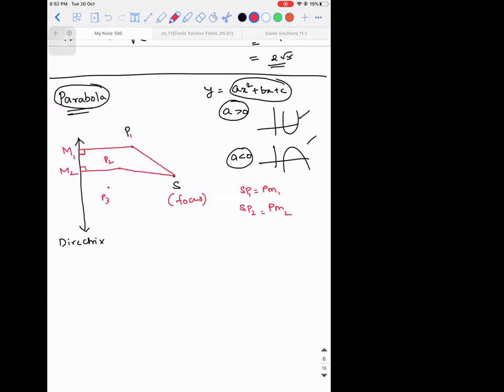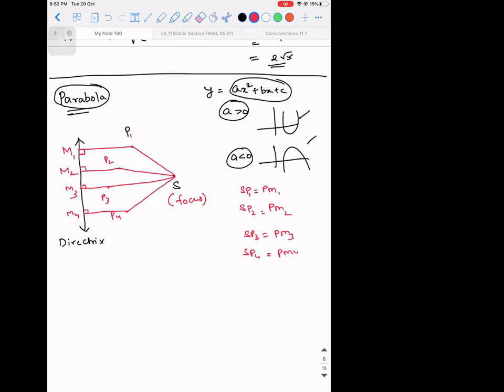All these points P1, P2, P3 are moving points. If you take point P3, then SP3 should be equal to PM3, the perpendicular from P3. Guys, am I clear? Similarly, you take P4. SP4 should be equal to PM4. Yes.